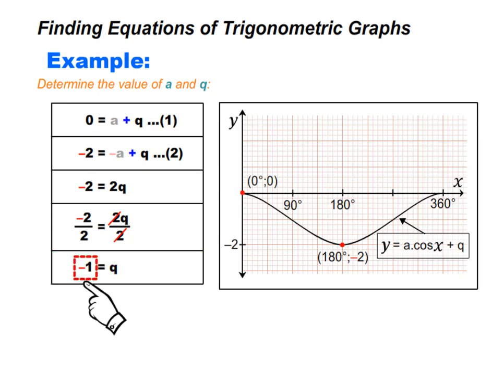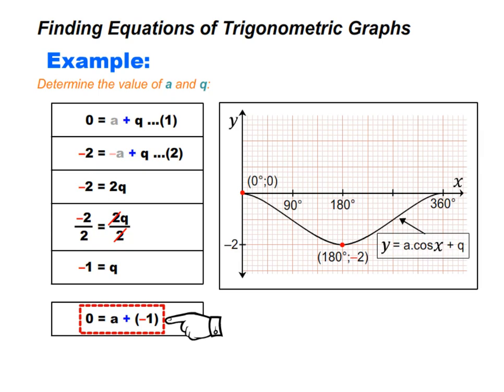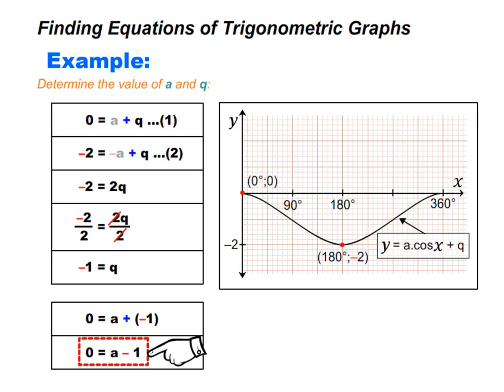Let us substitute minus 1 for q in the equation 1. So far we have 0 is equal to a plus minus 1 in bracket. Look at the right hand side. This plus sign multiplied by this minus sign will give us a negative. So far we have 0 is equal to a minus 1.